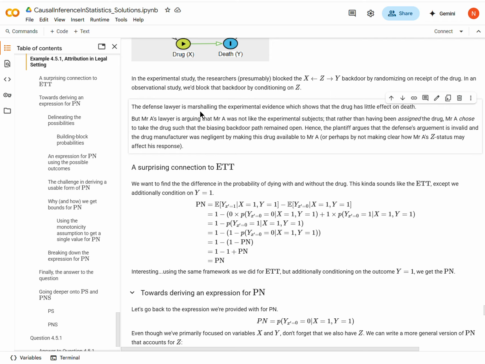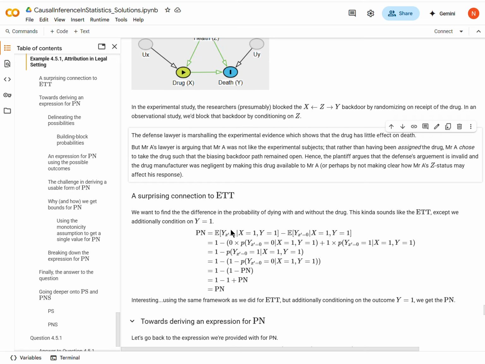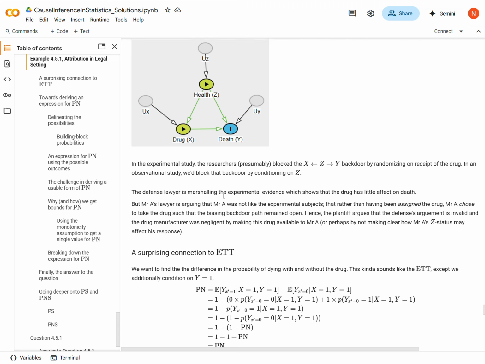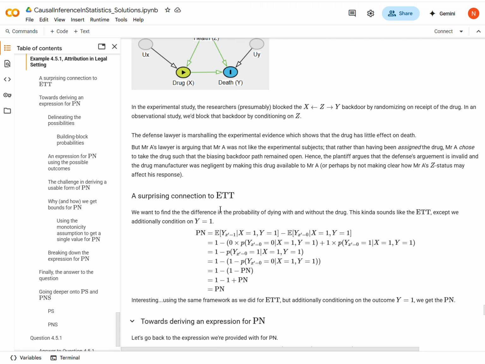So when I first read this prompt, I realized that what we're being asked for sounds a lot like the estimated effect of treatment on the treated, which we've already messed with a little bit here.